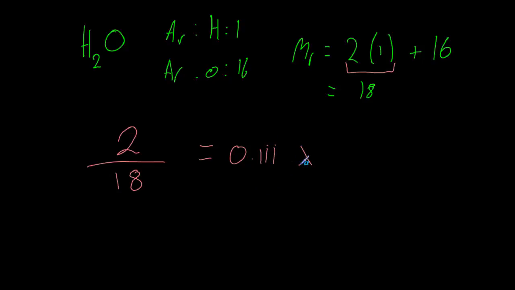We then times that by 100 to get our percentage composition, and so we get 11.1. I'm not going to write the recurring, I'm just going to leave it as 11.1 to 3 significant figures, because chemistry is very different to maths in that it is not an absolutely exact science. Okay, so we get 11.1%.